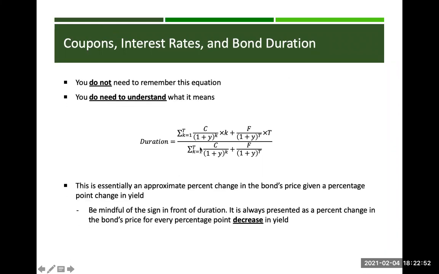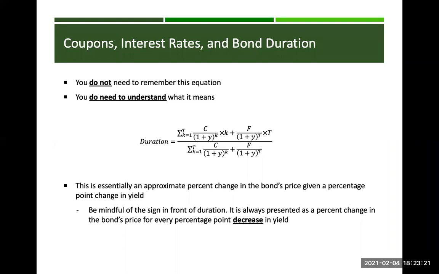You do not need to memorize this equation. And again, those of you who are unfamiliar or uncomfortable with summation notations, we will work example problems so you actually see how it works in reality. You do need to understand what this means. You can't just do rote memorization; you have to commit it to actual conceptual understanding.